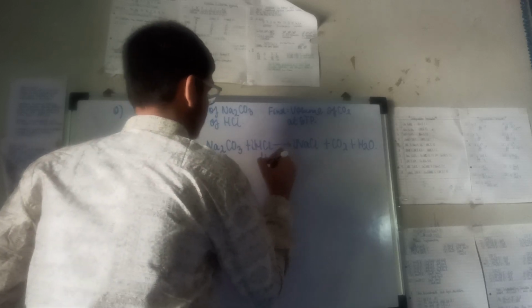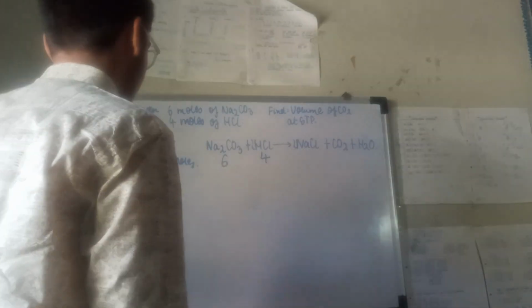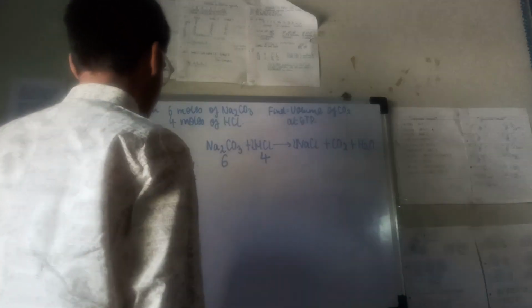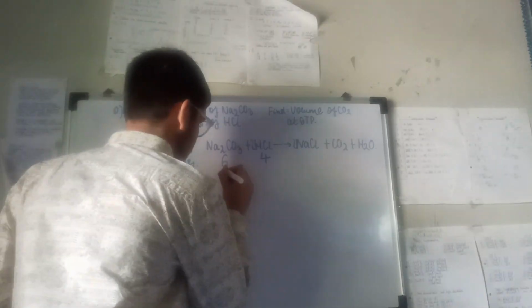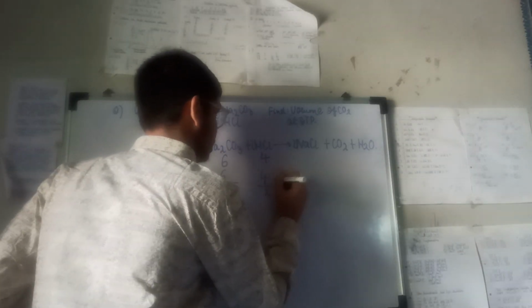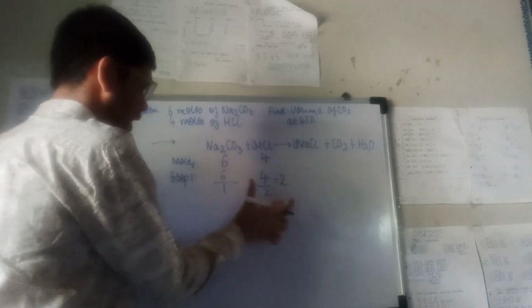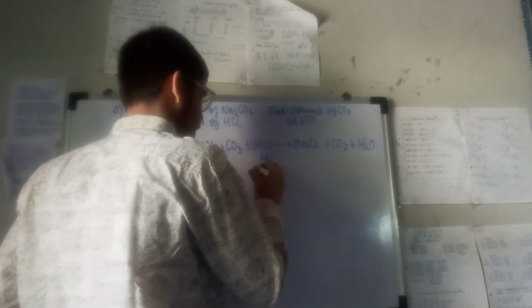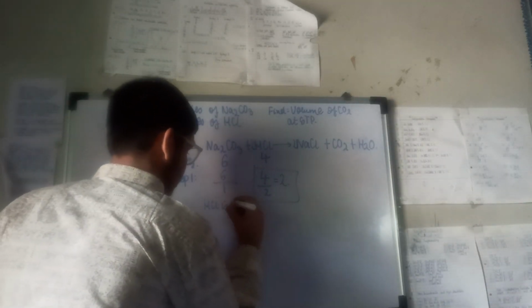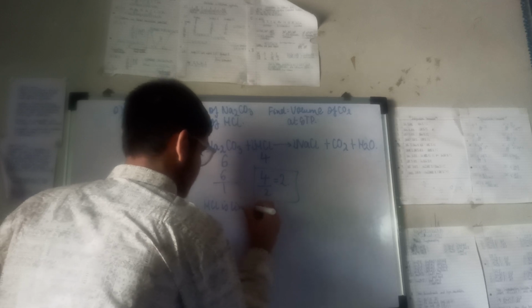Balanced. Perfect. Moles given: this is 6 and this is 4. Now step 1: 6 by stoichiometric coefficient 1, 4 by stoichiometric coefficient 2. The values are 6 and 2, so HCl is the limiting reagent.